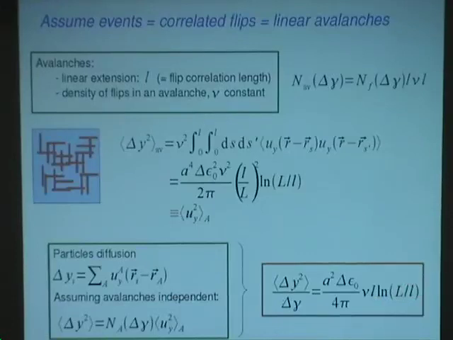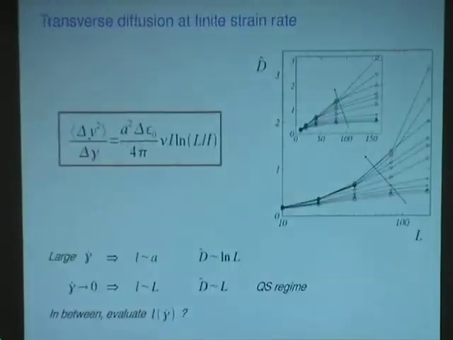So now we have an expression for the diffusion constant, which will allow us to match to asymptotic behaviors. At large strain rate, if we imagine that the flips become uncorrelated, so it amounts to saying that the avalanche size becomes just the size of one of these individual events, then we will recover a diffusion constant which grows like the log of the system size.